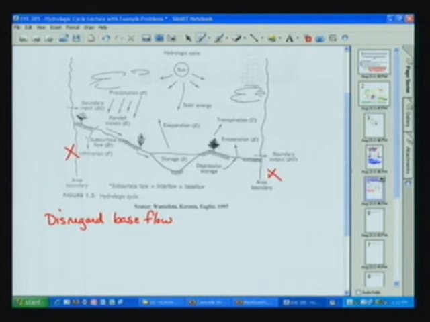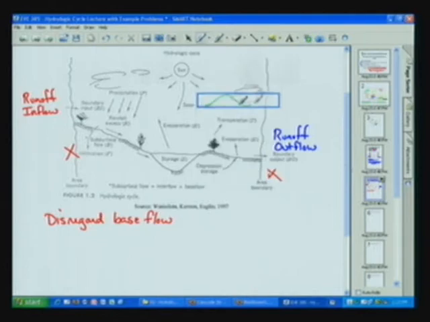And so our boundary input up here is runoff inflow. And our boundary output here, we're going to call runoff outflow. The area in between these two vertical lines is our development, our area of interest, our property we need to evaluate for this event.